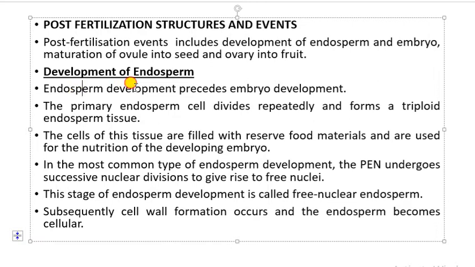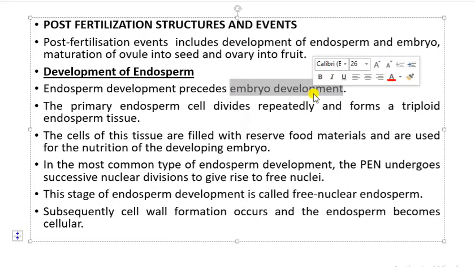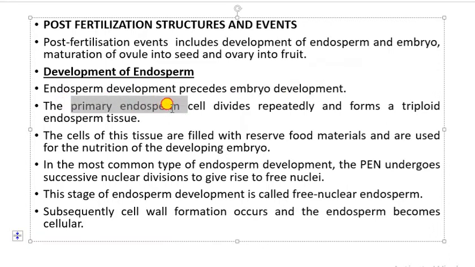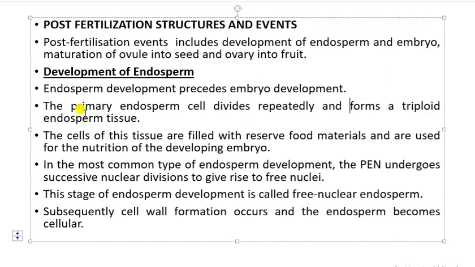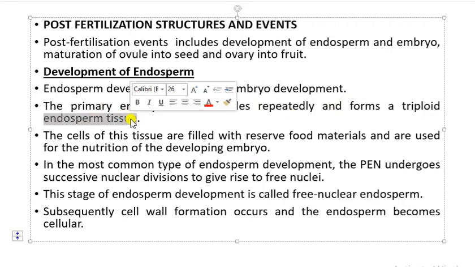Now endosperm development takes place before the embryo development starts. The primary endospermic cell which has been formed by triple fusion divides repeatedly and forms triploid endosperm tissue.